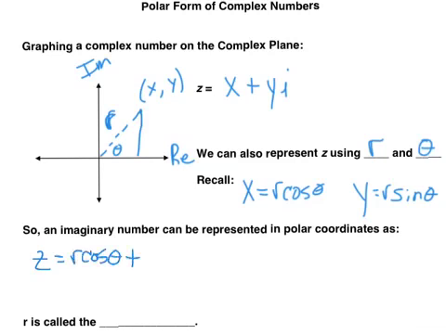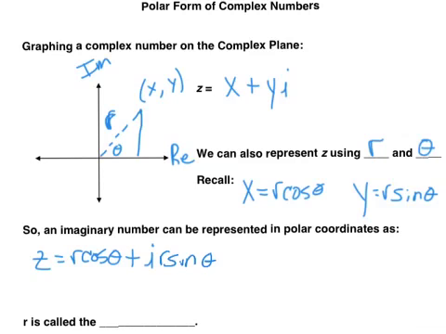The imaginary part is going to be r sine of theta. But to tell that it's imaginary, again, just like up here, I have x plus yi, I still have the i here, and the y part is going to be r sine of theta. So I just replace the x and the y with r cosine of theta and r sine of theta.